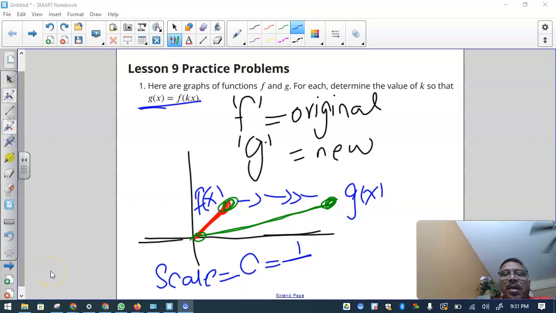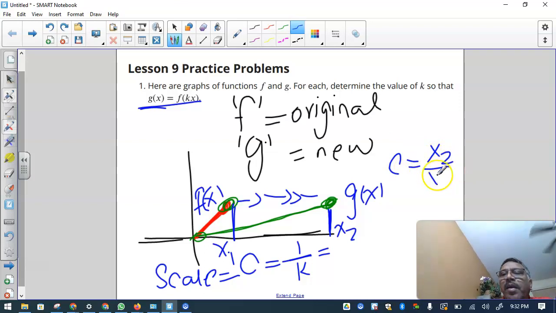The C basically is, let's say this point is x1 and this point is x2, then C is x2 over x1, and k is x1 over x2. So these are the things to be noted down.